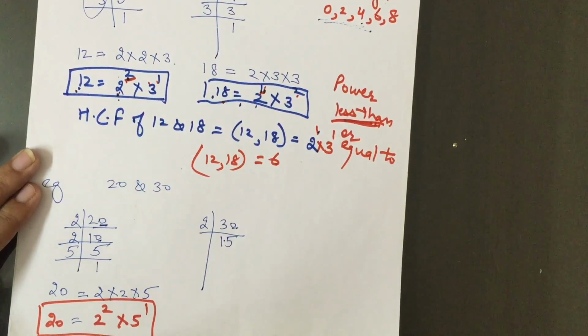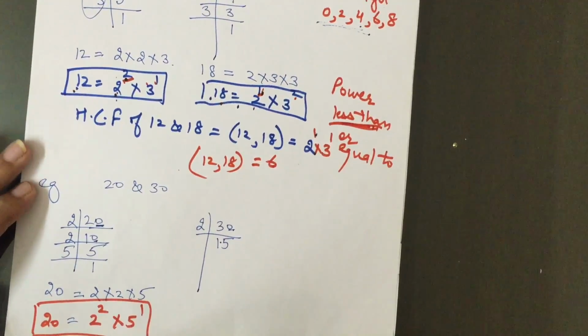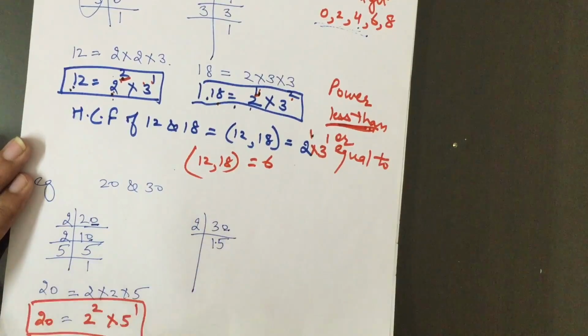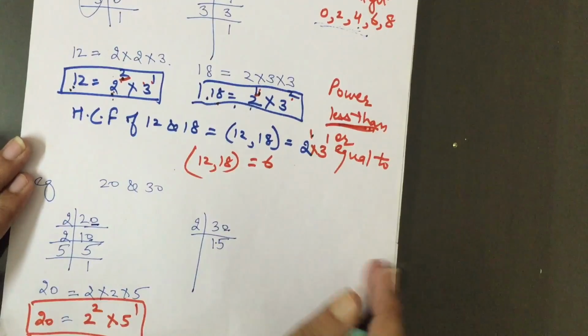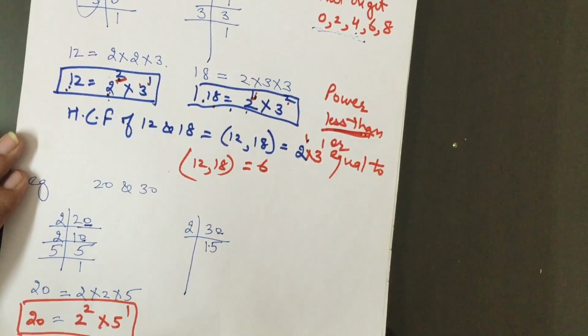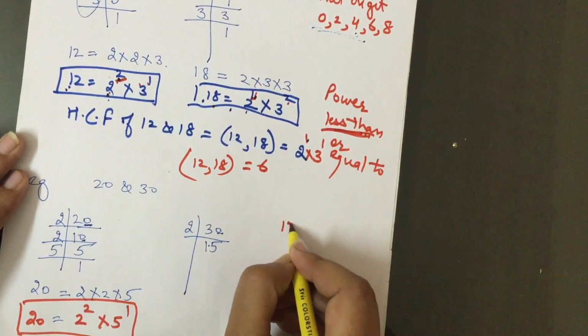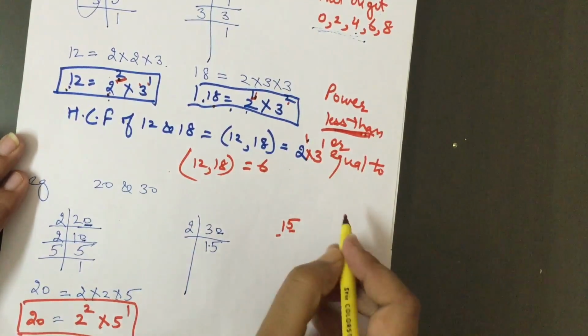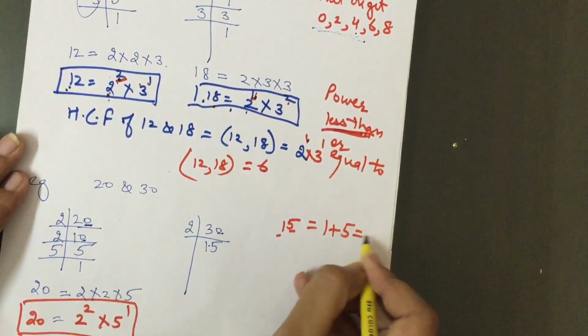How can we check the divisibility of a number by 3 without actual division? We also have a shortcut method: add the individual digits. Like here 15: 1 plus 5, we get 6.